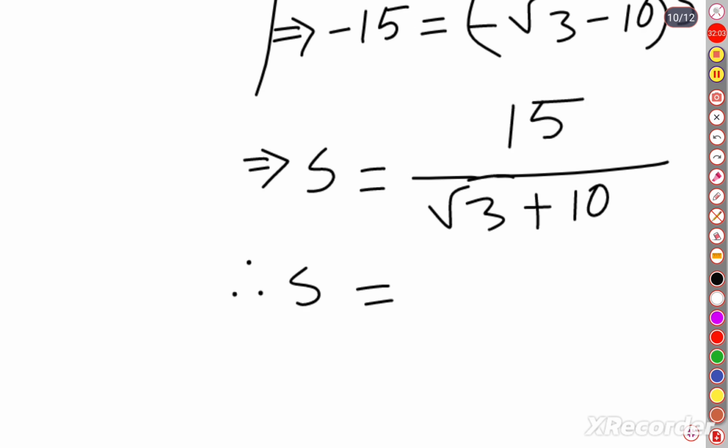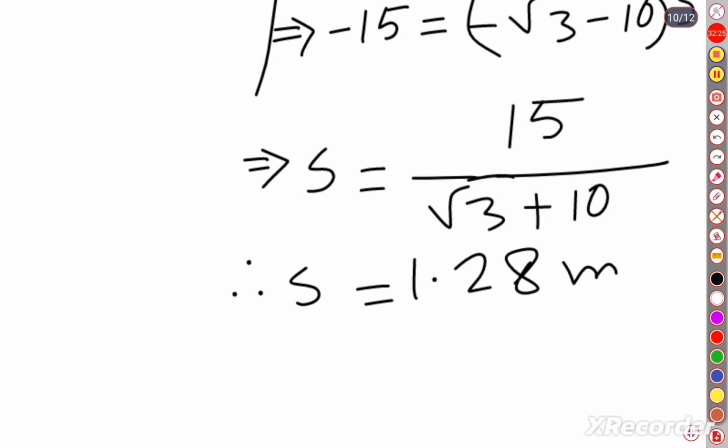Okay, and let me calculate this. 15 over root over 3 plus 10 is going to be 1.27. So if we round it up, it is going to be 1.28 meter. So that is what the solution is.